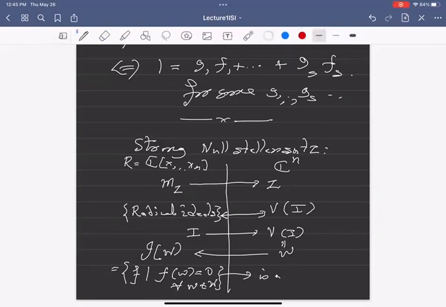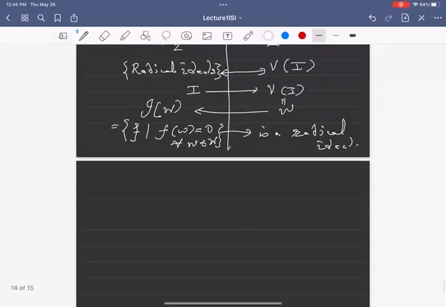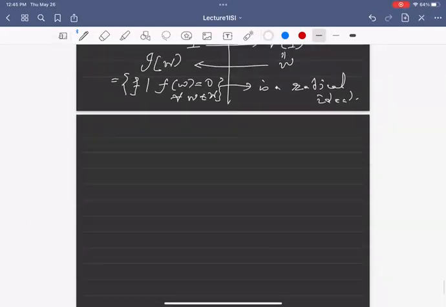It is its own radical. So you want to establish a one-to-one correspondence between radical ideals and algebraic varieties.